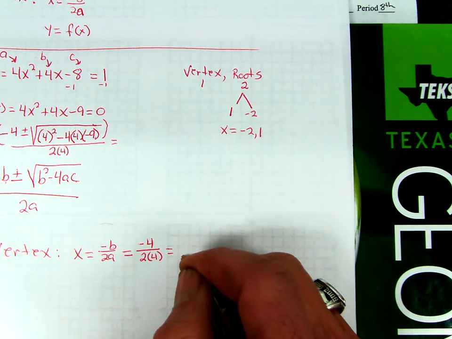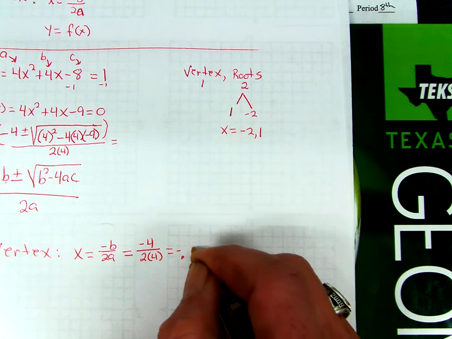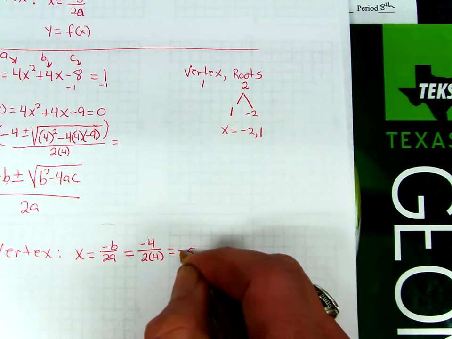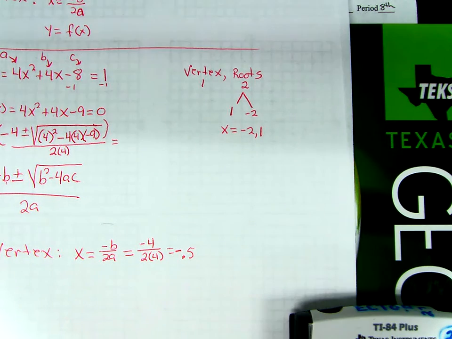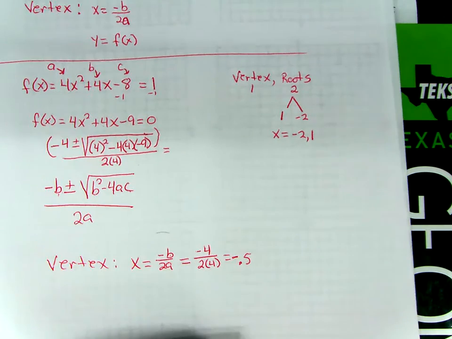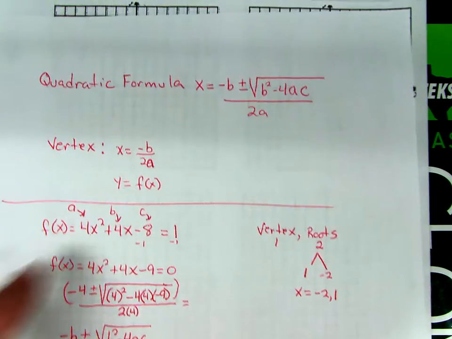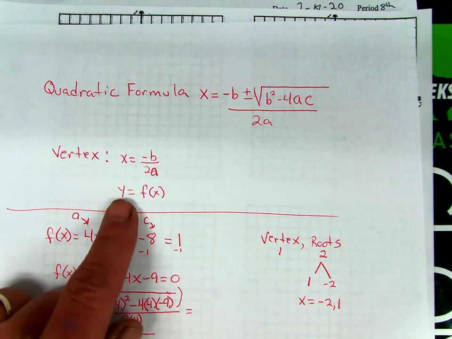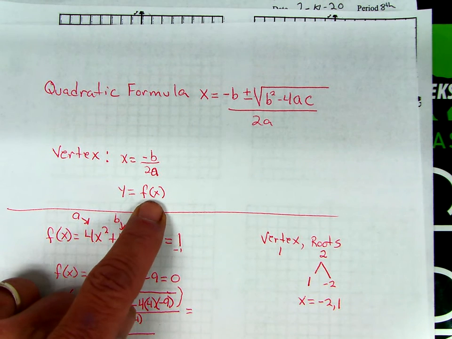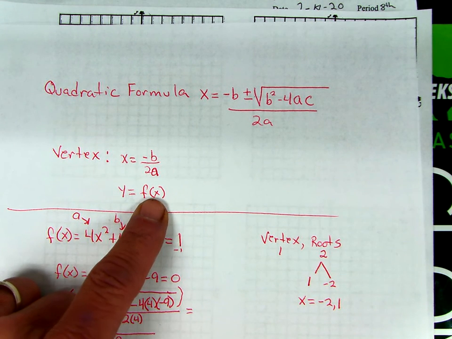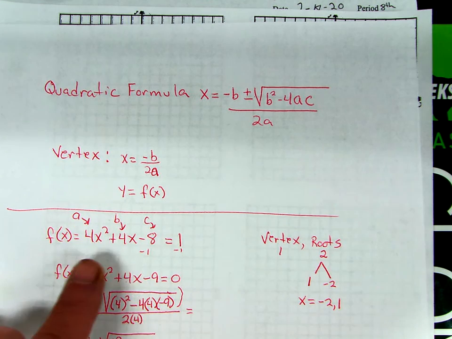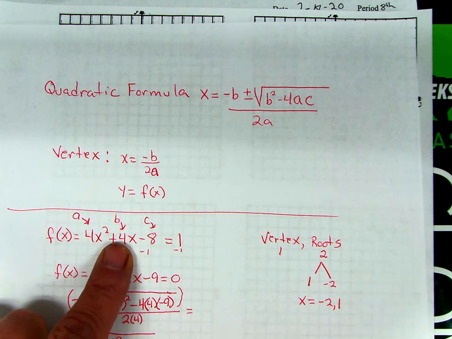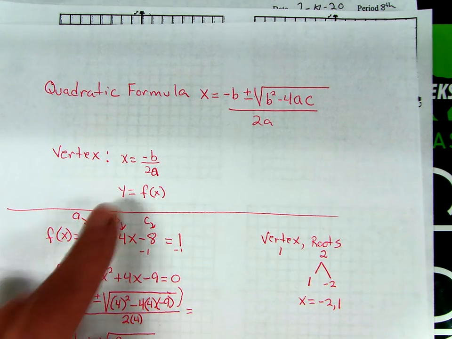Alright, so my x value at the vertex is negative 0.5. Now I need the y value. Here I wrote that the y for the vertex was f of x. What that means is I'm going to take my value for x, plug it into the function and work it out, and that will give me my answer for y.